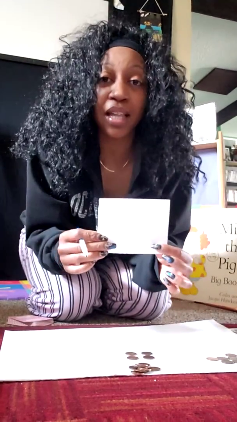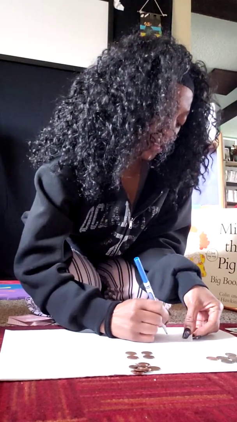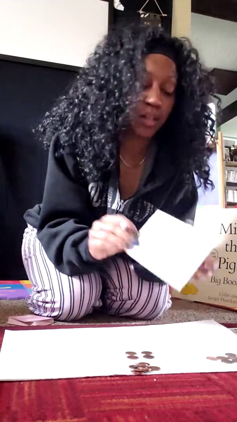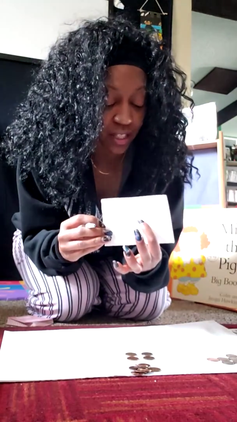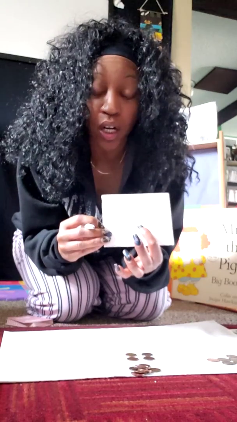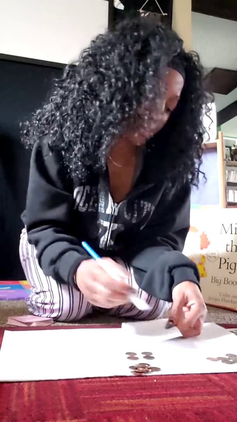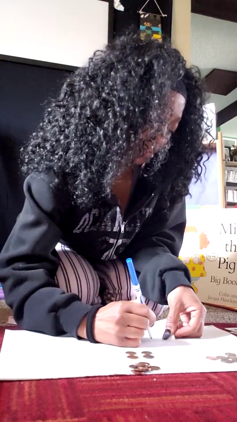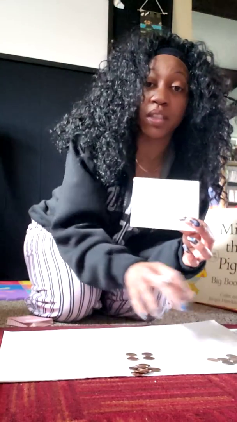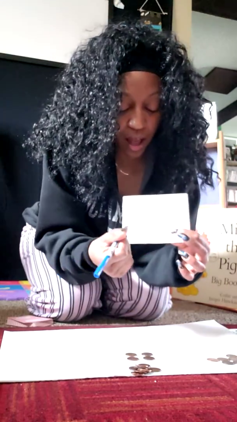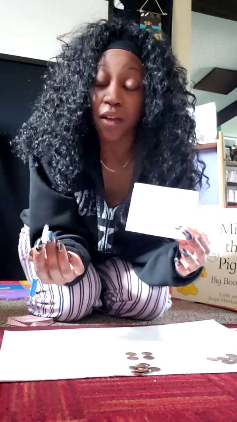The 9 pennies that I counted, the plus sign, because now you're going to add how many? How many more? 4. Plus 4 equals, the equal sign means all together.